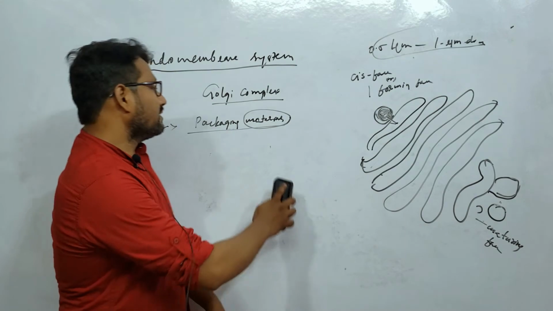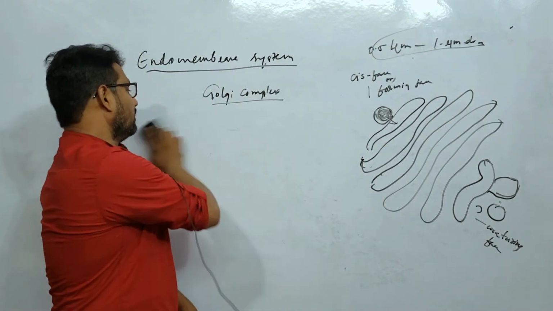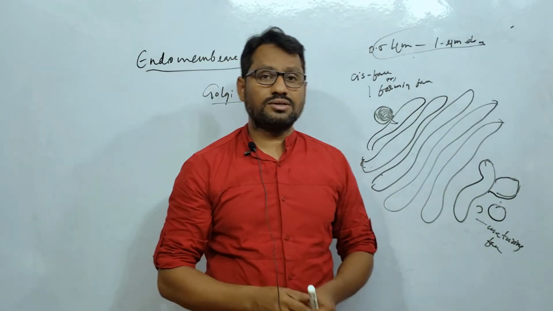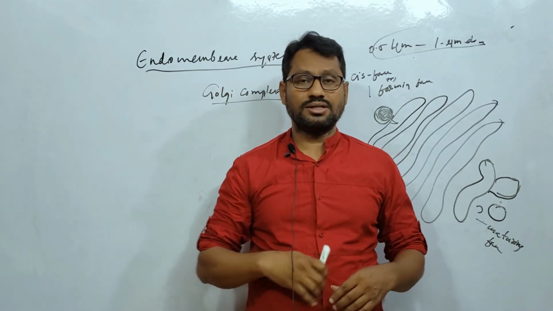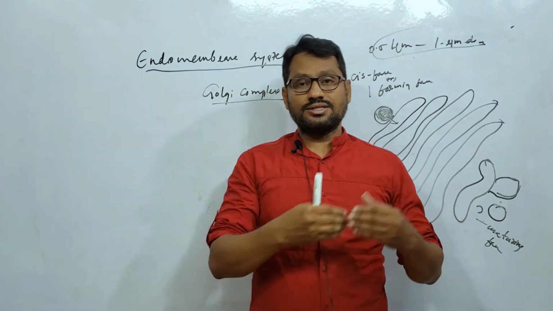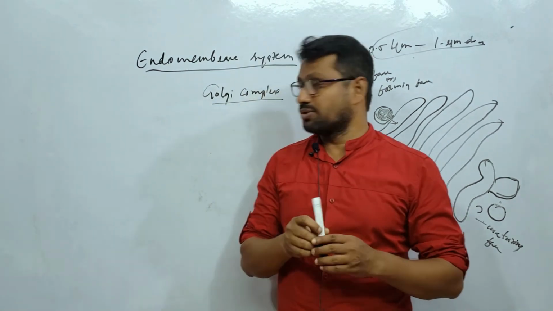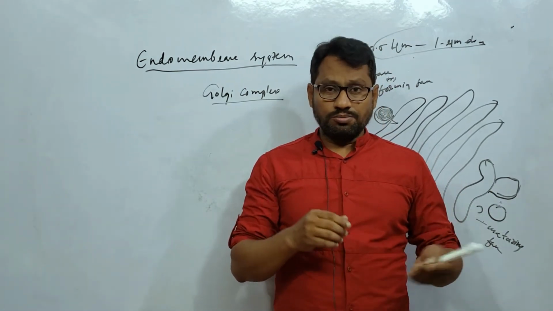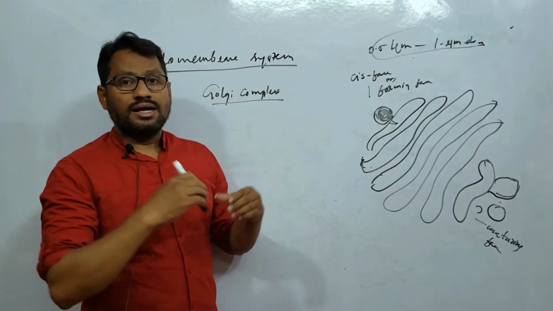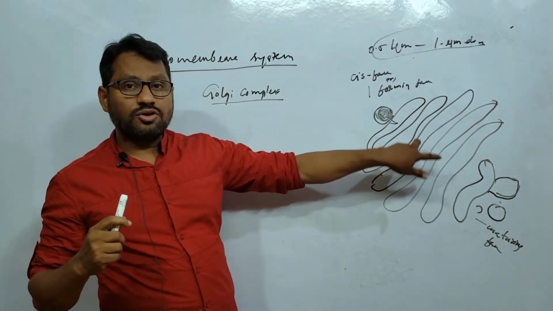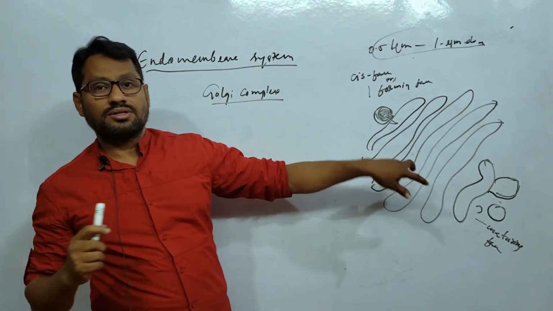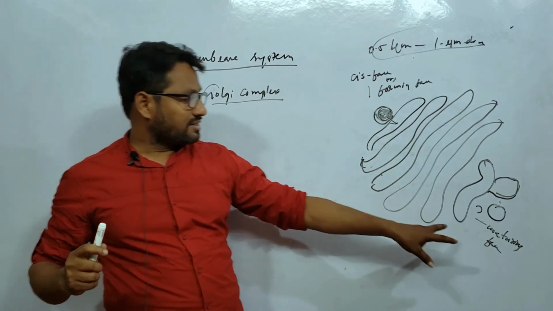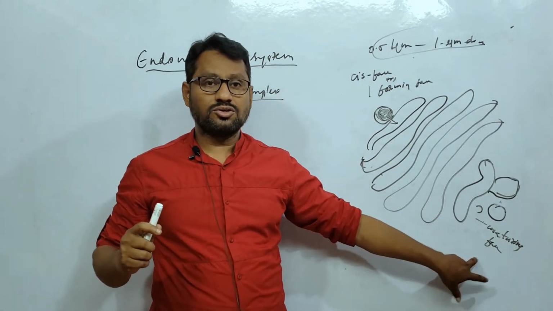So what does the Golgi complex do in the cell? It packages material received from the endoplasmic reticulum. For example, proteins synthesized by ribosomes on the endoplasmic reticulum are modified in the cisternae of the Golgi complex before release from the trans phase.